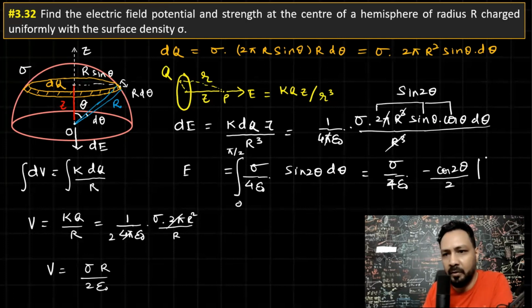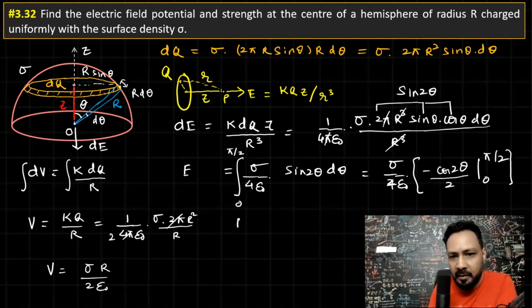Put in the limits, 0 to pi by 2. When we put the upper limit, cos 2 times pi by 2 will be cos pi, that is minus 1, and the lower limit gives 1. So minus 1 minus 1 is minus 2, and with the minus sign, that whole thing we are going to get as 1.